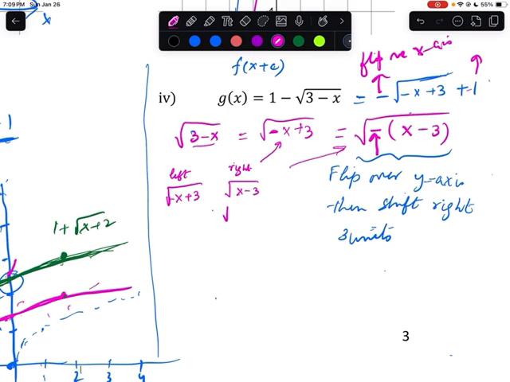And if I have negative x minus 3, that will go left. Because this can be written as negative of x plus 3. So this one is the flip over the y-axis, and this is shift to the left.